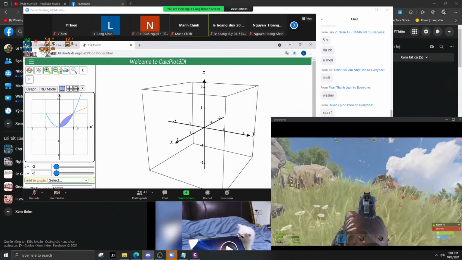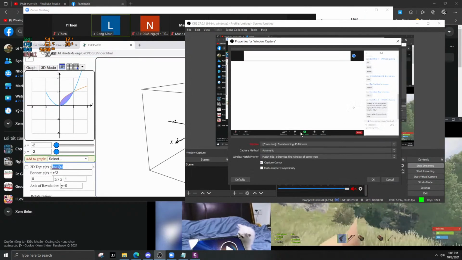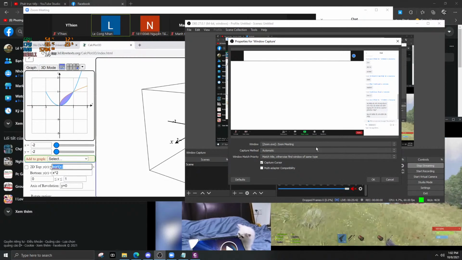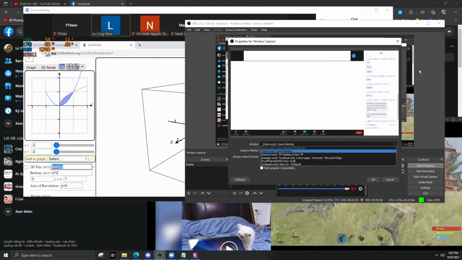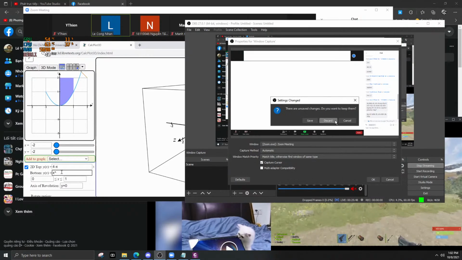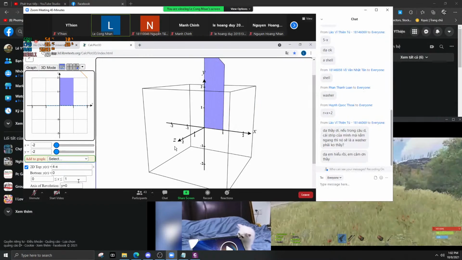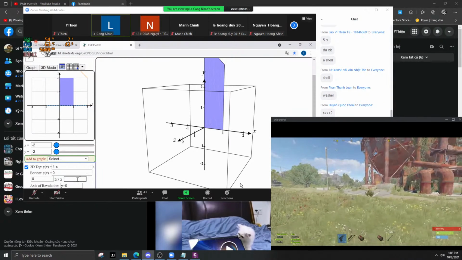two-dimensional space. Okay, so in our problem, this region is bounded above by the line y equals 4 minus x, and bounded below by the x-axis, so that is y equals 0, for x from 0 to 4.